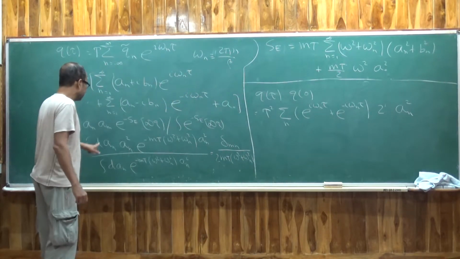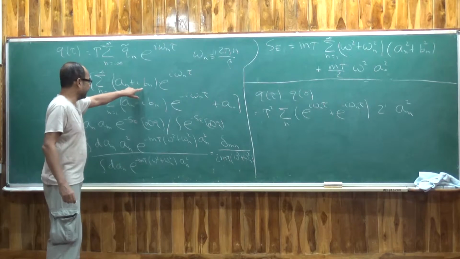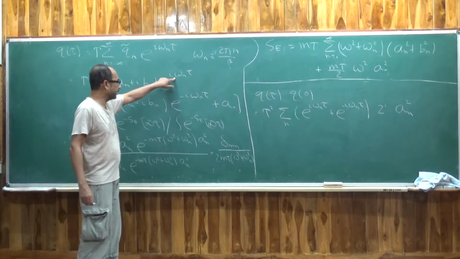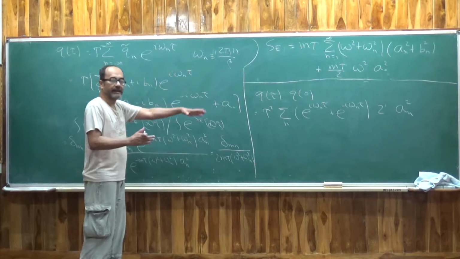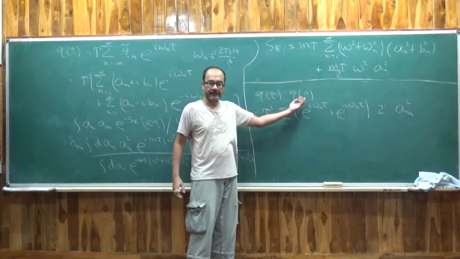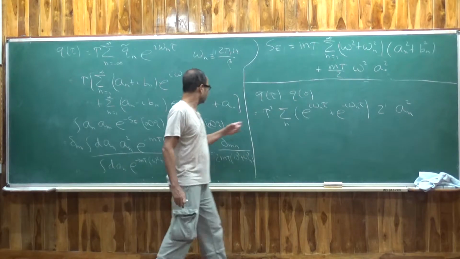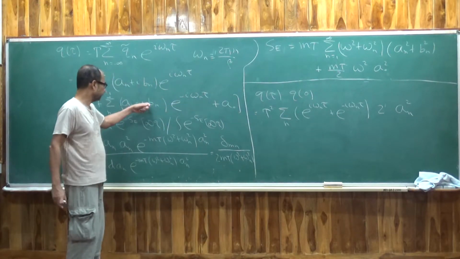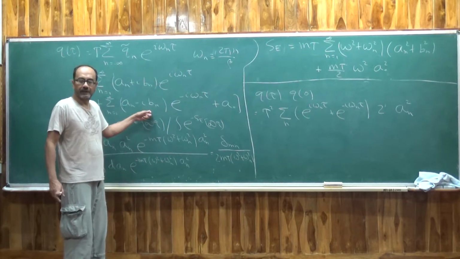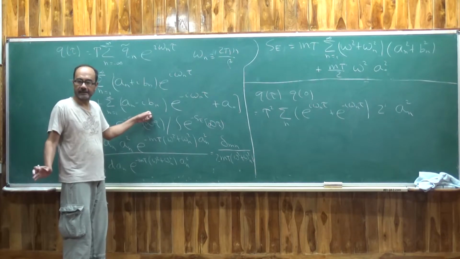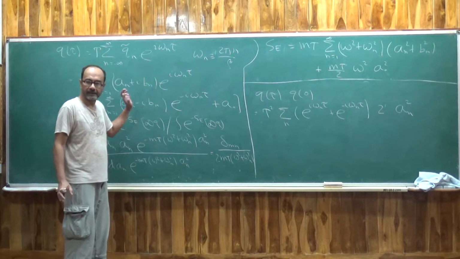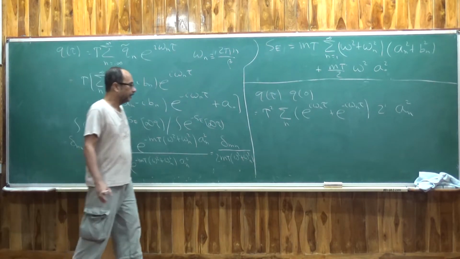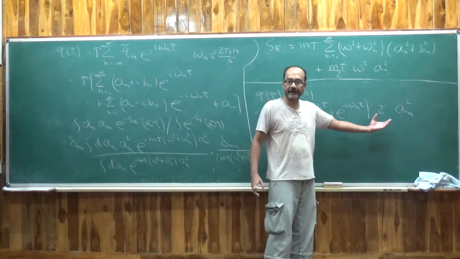For b, you would have gotten i bn times e to the i omega n tau minus e to the minus i omega n tau. But when you take the q0 part, at tau equal to 0, these two terms exactly cancel. So q0 doesn't have any b dependence. In q0 this is just i bn minus i bn, so they just cancel. So there is no quadratic term in b.